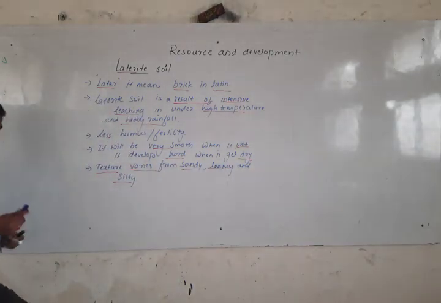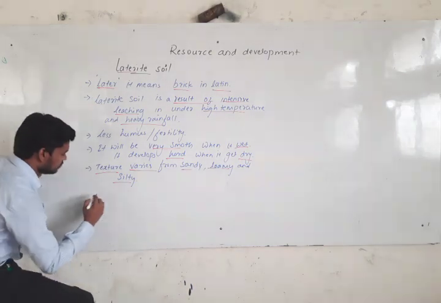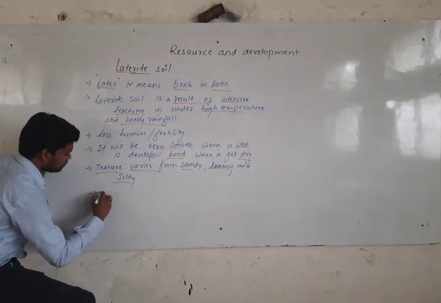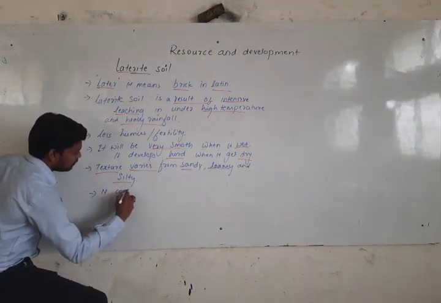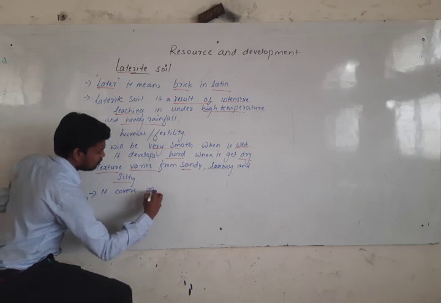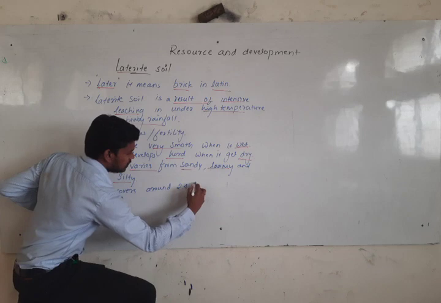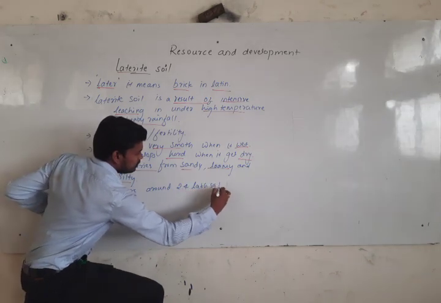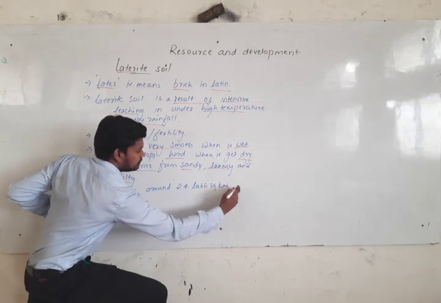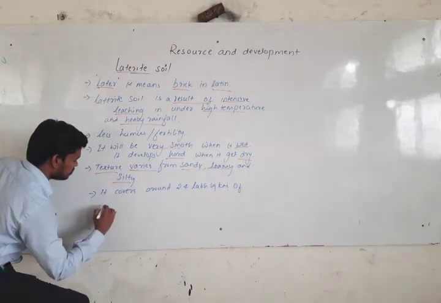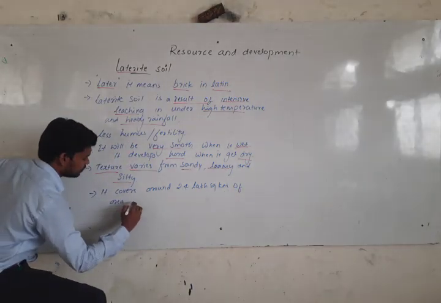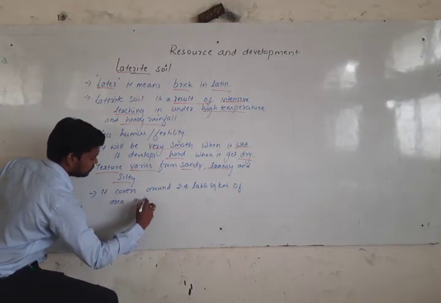And like other soils, it covers around 2.4 lakh square kilometers of area in India.